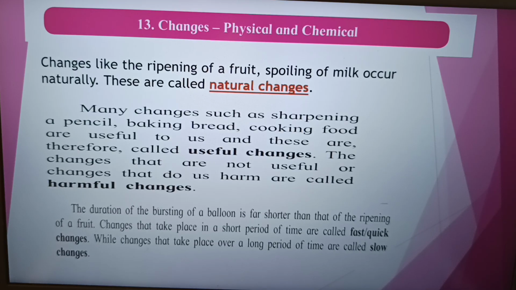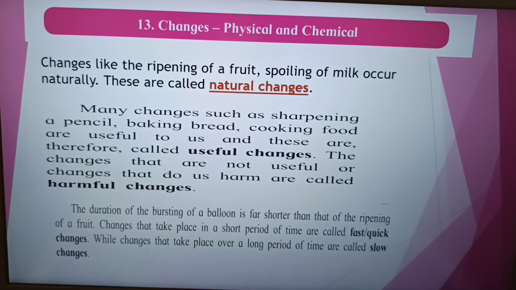So next is harmful change. What are the harmful changes? The changes that are not useful or changes that do us harm are called harmful changes. For example, if you keep the bread for a long time outside, you forgot to keep it in your refrigerator, or the expiry of that bread has already gone, so it is expired bread.